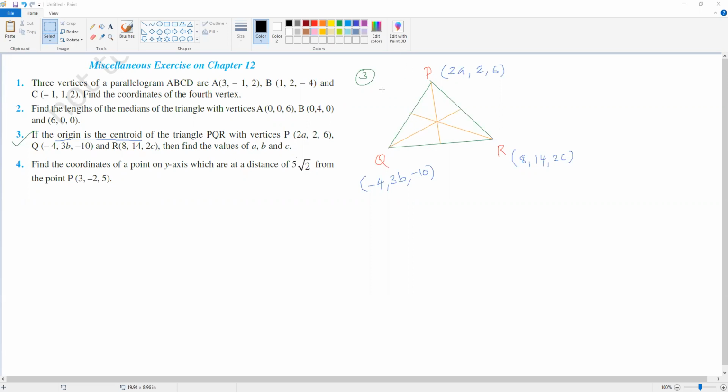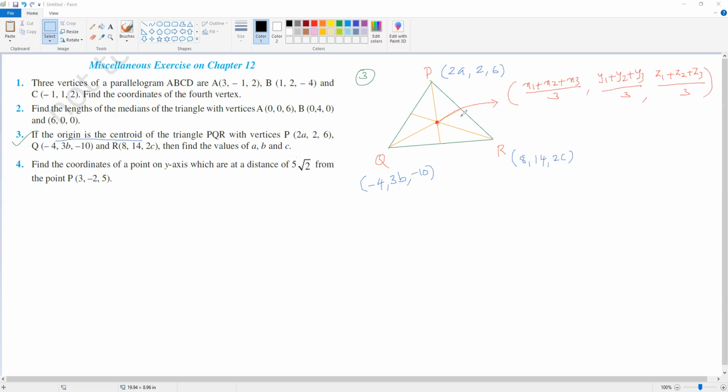The point of intersection of all the three medians is known as the centroid. We studied the centroid formula: if you know all the three coordinates, it is (x1 plus x2 plus x3 by 3, y1 plus y2 plus y3 by 3, z1 plus z2 plus z3 by 3).